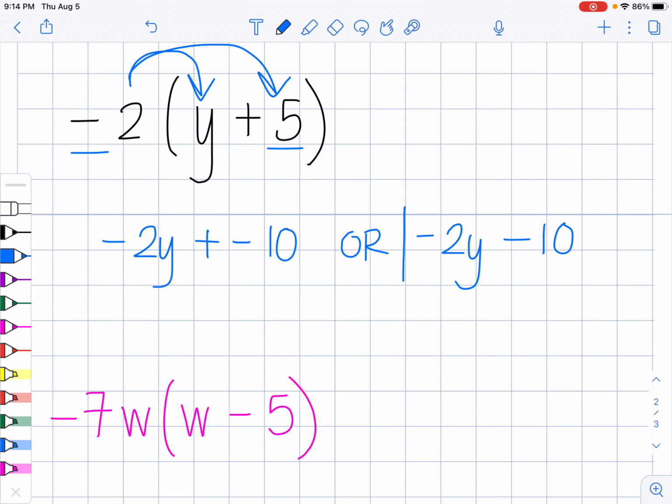You're typically going to see it written this way in most math books. Most math books traditionally write the subtraction, but it is not wrong if you write plus a negative. It means exactly the same thing. Okay, so this is your final answer here.